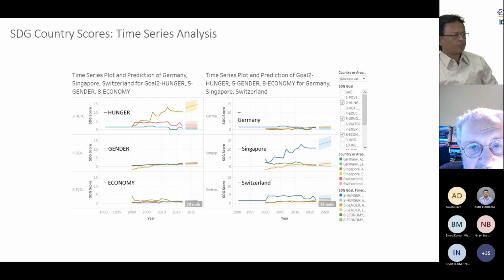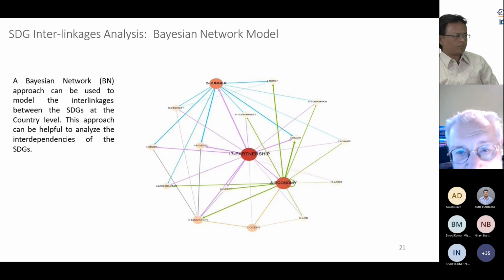And also we may have, and this is very important, how these SDG goals, the 18 SDG goals, are interconnected.